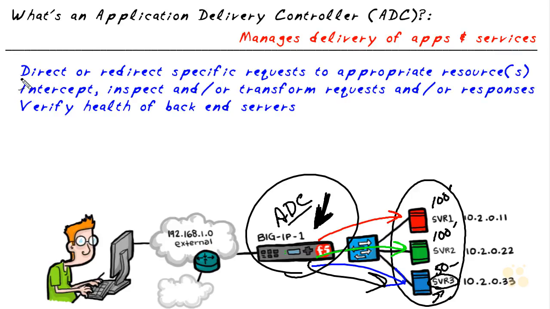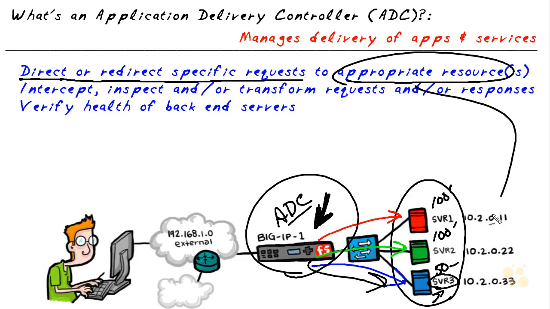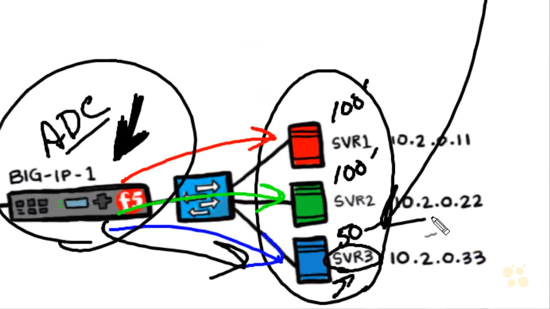And that goes back to this function of directing or redirecting specific requests to an appropriate resource. In this example, the appropriate resource would be one of our servers that has the content and has the least number of connections currently in place.